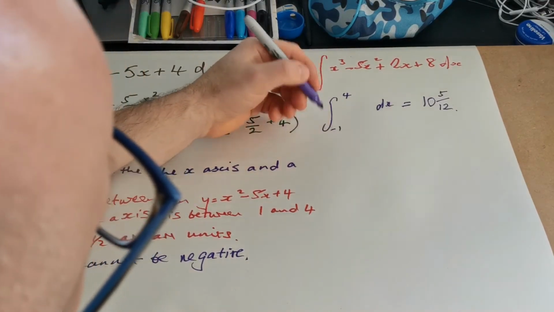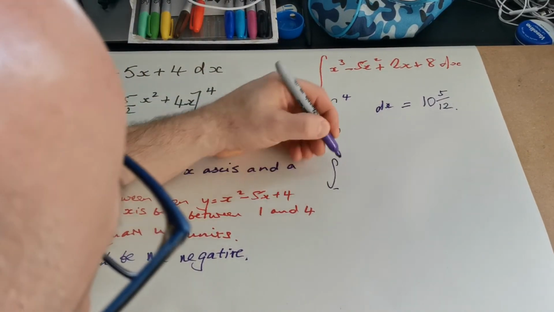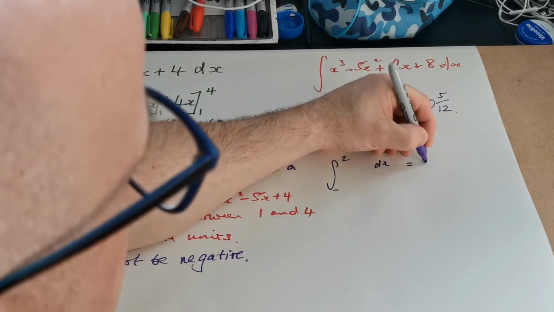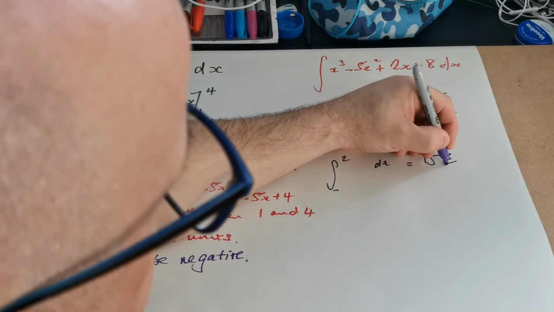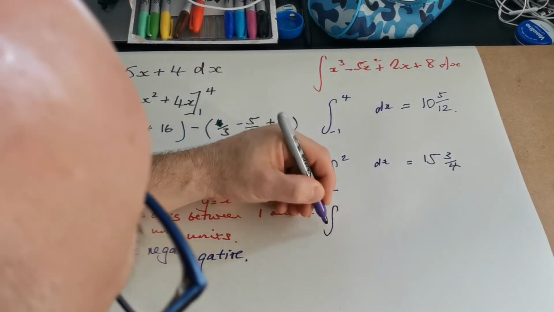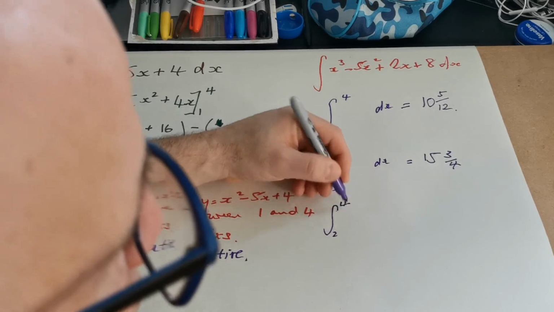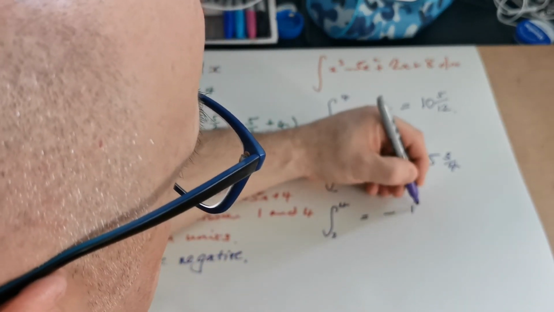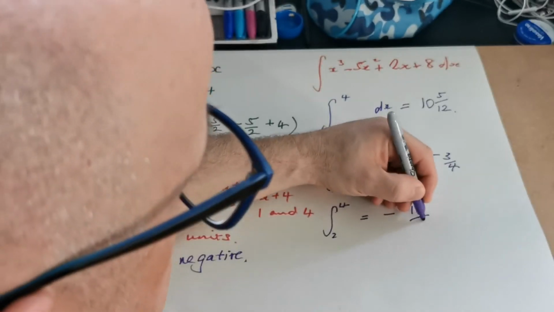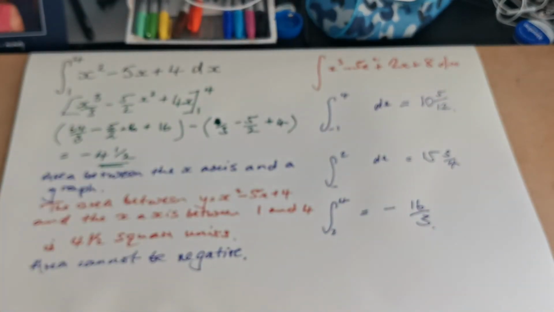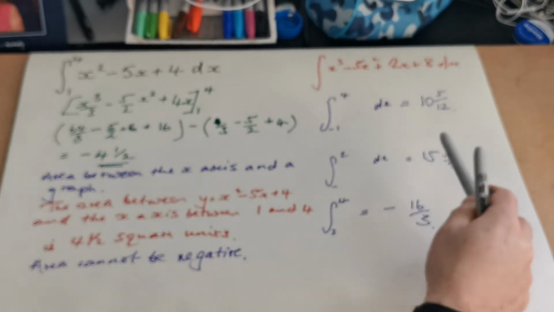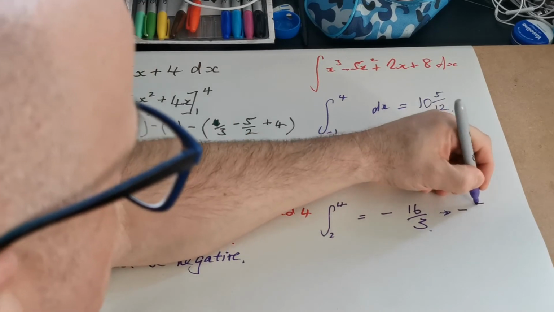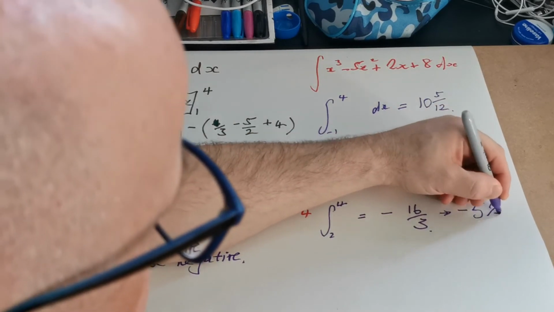But if I was to integrate between minus 1 and 2, I get an answer of 15 and 3/4. And if I was to integrate between 2 and 4, I get an answer of minus 16 over 3, which is minus 5 1/3.